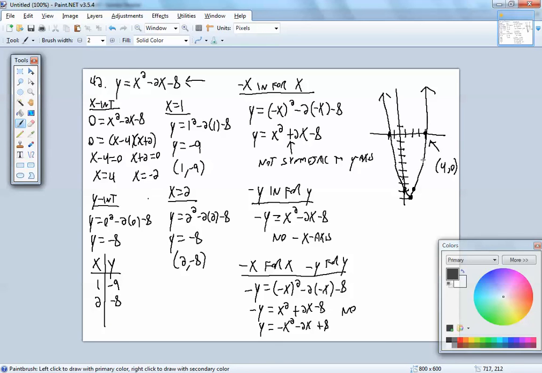I'm understanding what they're saying now. For this to be symmetric to the y-axis, I would have to have a point on my graph that was negative 4, 0. Now I don't. It doesn't go over that far. So that's what they mean by picking a point. And anyway, that's our graph.